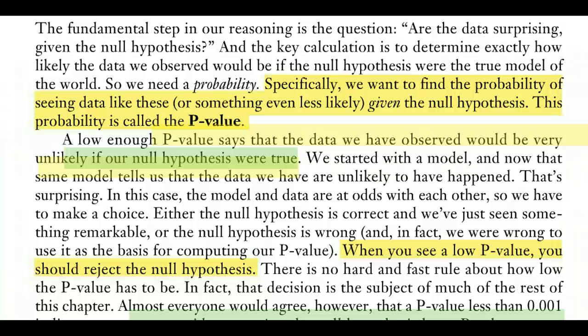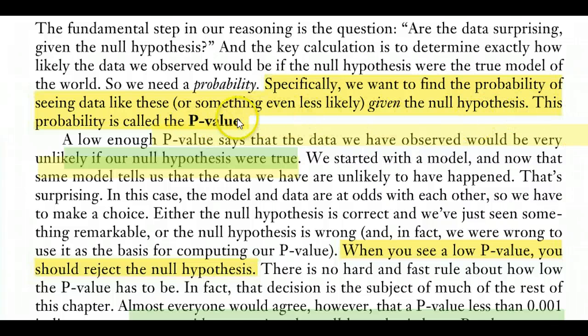Specifically, the p-value is a conditional probability. We want to find the probability of seeing data like these, and essentially that is assuming that the null hypothesis is correct. And that's when you get the p-value.